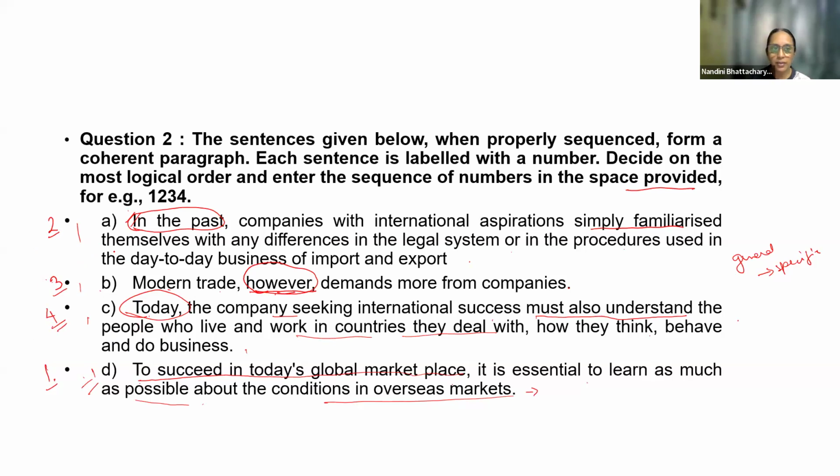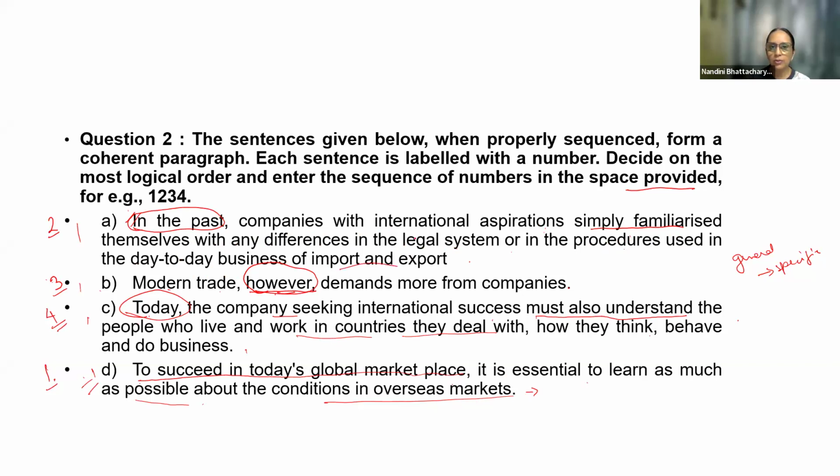Now, if we read it in this order to confirm whether it makes sense or not. So to succeed in today's global marketplace, it is essential to learn as much as possible about the conditions in overseas markets. In the past, companies with international aspirations simply familiarized themselves with any differences in the legal system or in the procedures used in the day-to-day business of import and export.